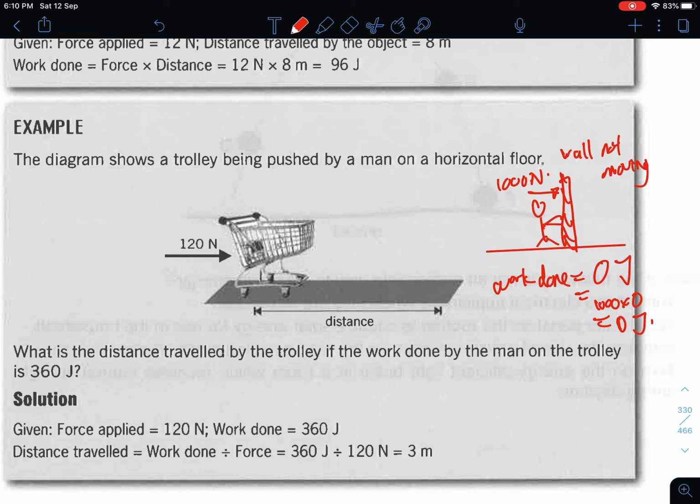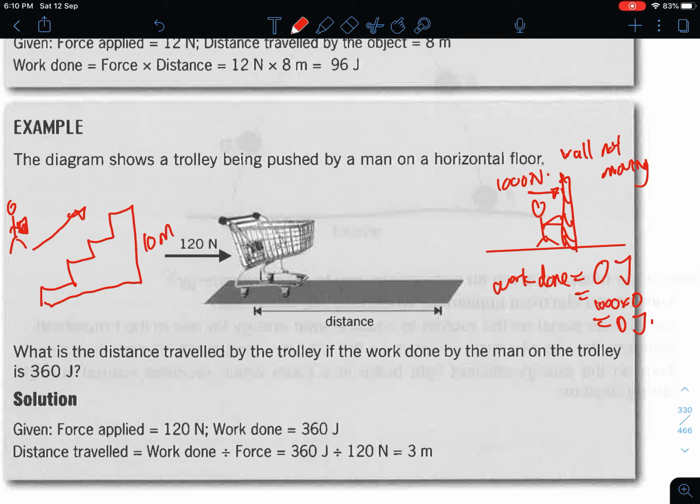Another example is, let's say you walk up the stairs. You are walking from here up to here, and you realize that this is 10 meter. What is the work done from not walking up the stairs but carrying maybe a book or an object upwards?